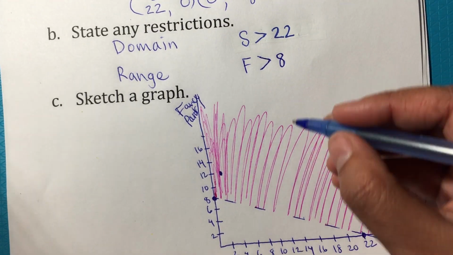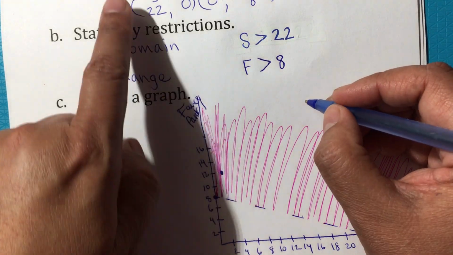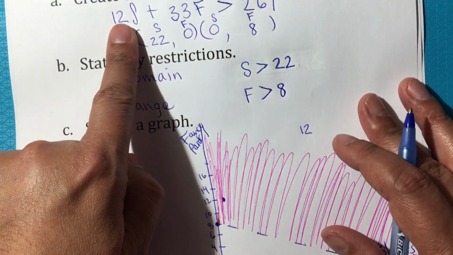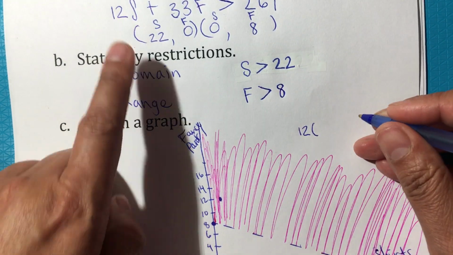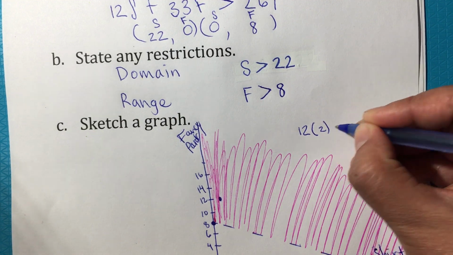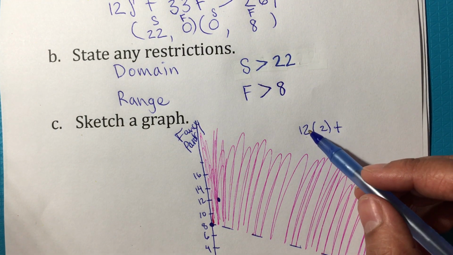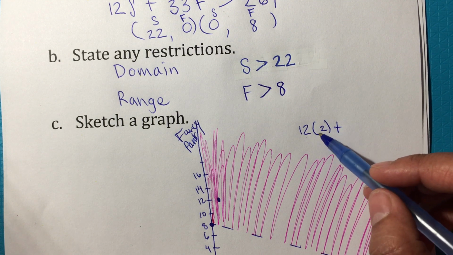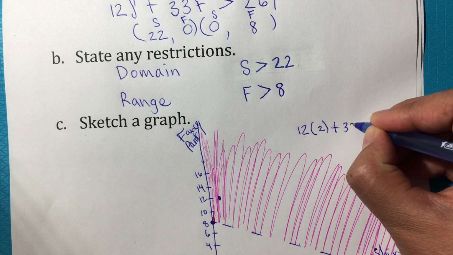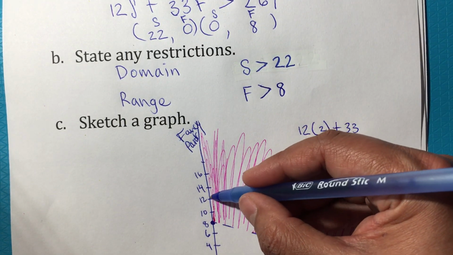Like any point in here, all you have to do is substitute in your inequality: 12 from here times the shirts, which I chose 2, plus, so this will be the price of the 2 shirts that I'm buying, plus 33, which is the price of a fancy pant, but I'm buying 12 of them.